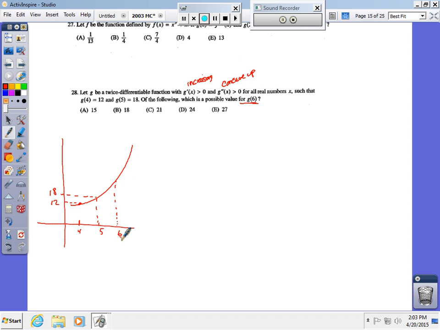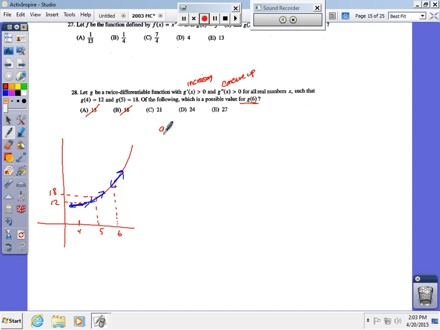So g of 6. Well, I know it's got to be greater than 18, so I'm going to get rid of those values. And here's the other thing I know: the slopes of these are increasing, right? So the slopes at these points have to be increasing. So I'm going to find the slopes between these points.